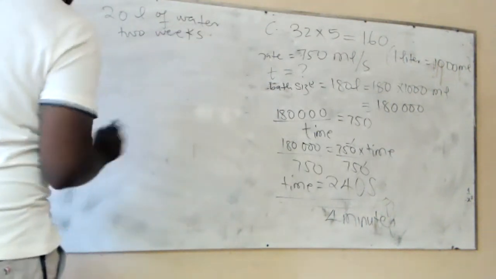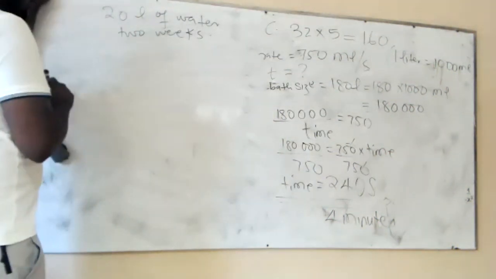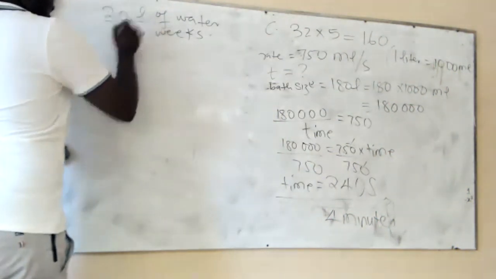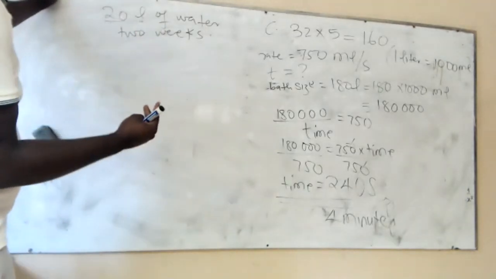Okay, so now this question is simple to attend to. This is how we're supposed to do it. So this person is going how many times to fetch water? Two times in a day, right? In the morning and in the evening.